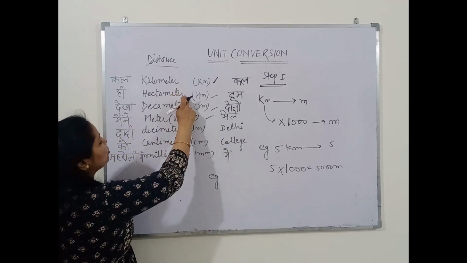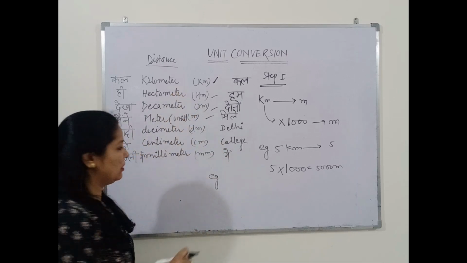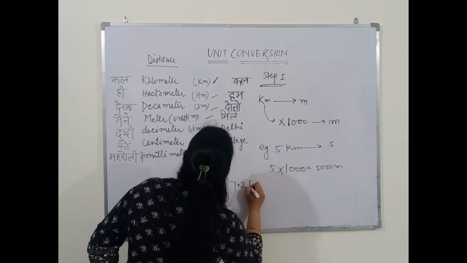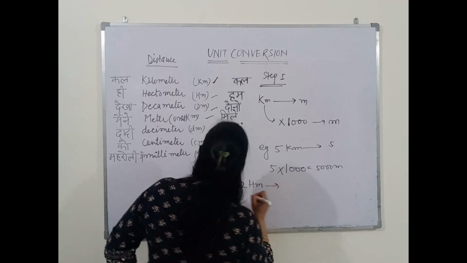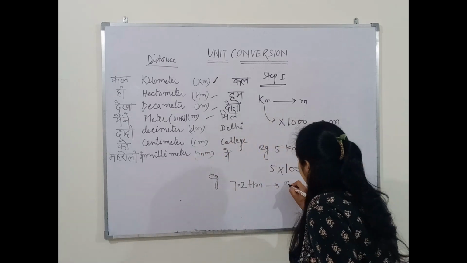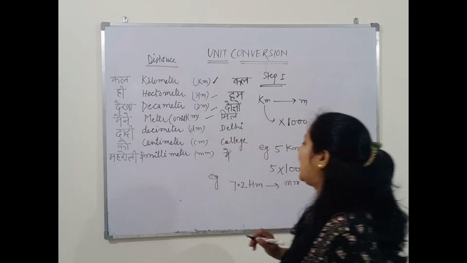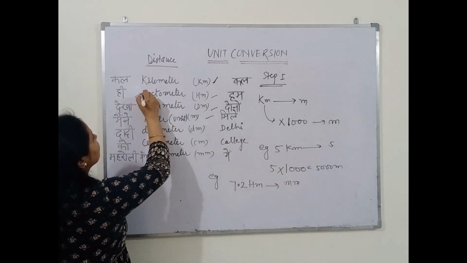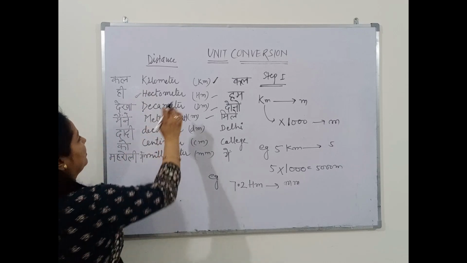Let's see another example. Suppose hectometer to millimeter. We want to convert 7.2 hectometer into millimeter. In that case, the same procedure will apply. Hectometer is here. So leave this step, right?